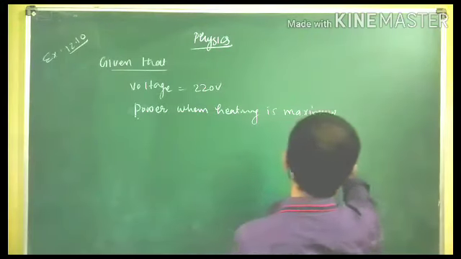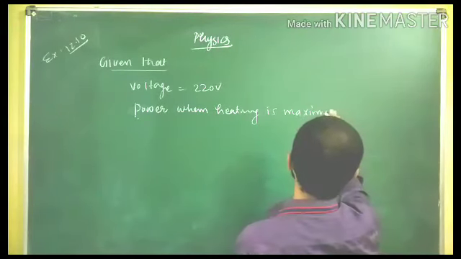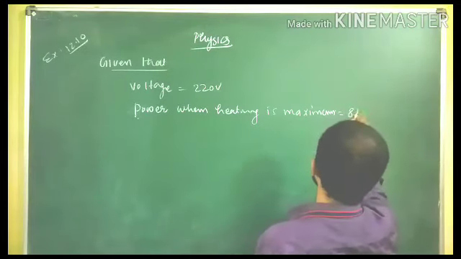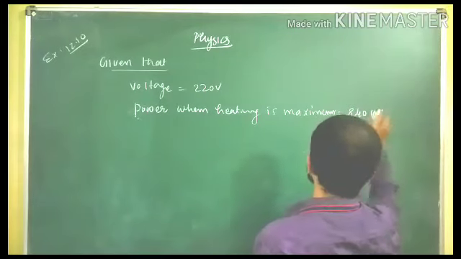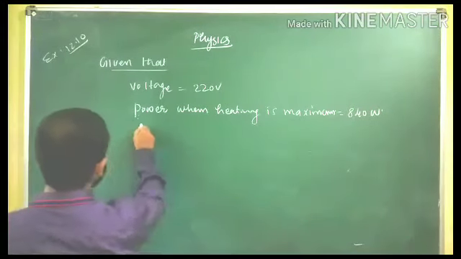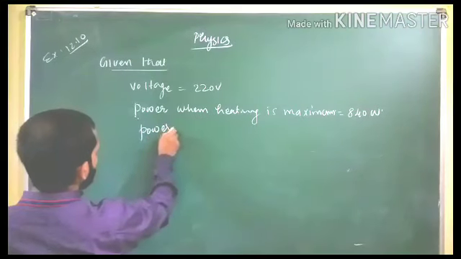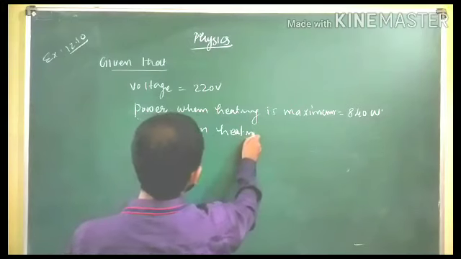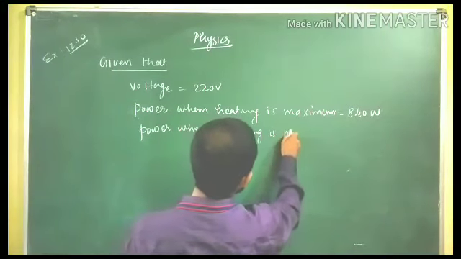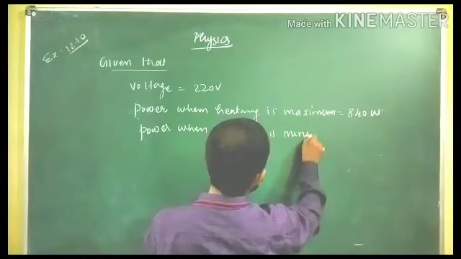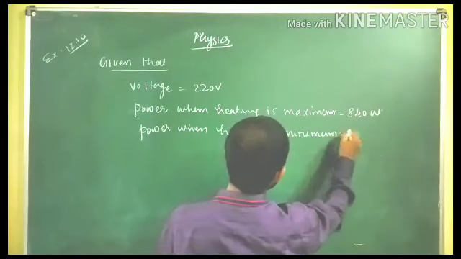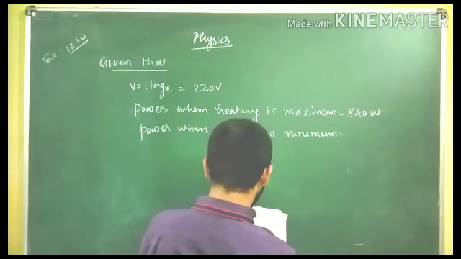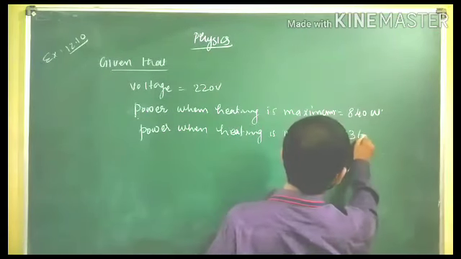When the heating is maximum, the power consumed is equal to 840 watts. And the power when heating is minimum. When the heating is minimum, the power consumed is equal to, that is given here, 360 watts.